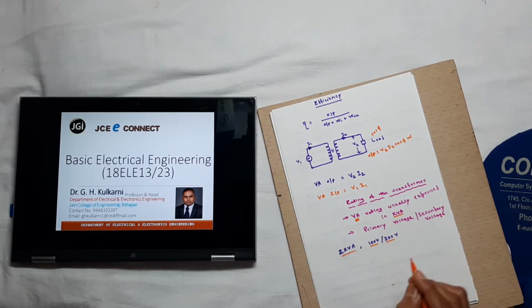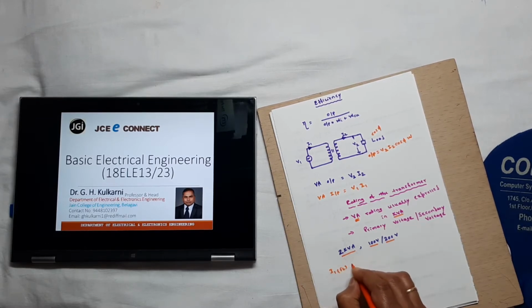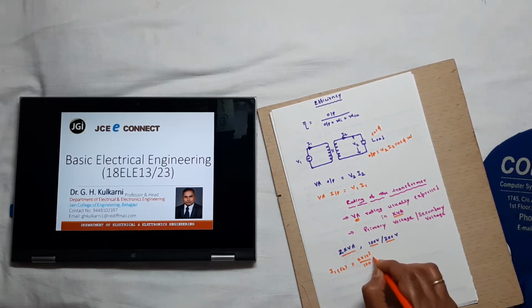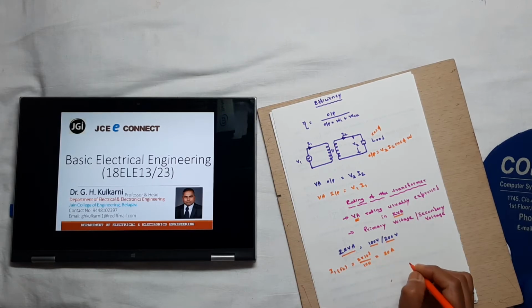The other data given is that the primary voltage is 100 volts and the secondary voltage is 200 volts. Then what is the full load current of the primary, I1 full load? It is the kVA, that is 2 into 10 raised to 3, divided by the primary voltage, which is 100. That is 2000 divided by 100, which is 20 amperes.